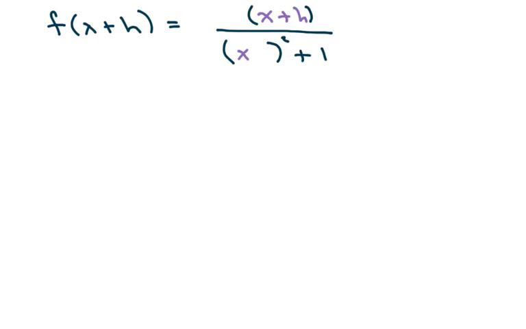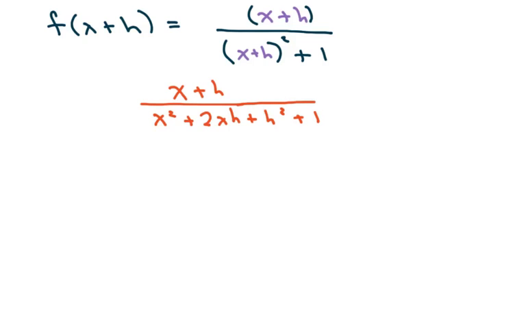So x plus h squared. And so what we're going to get is x plus h over x squared plus 2xh plus h squared, and then you've got your little tag-along 1. And that's all. We're going to do the same thing with the next one.